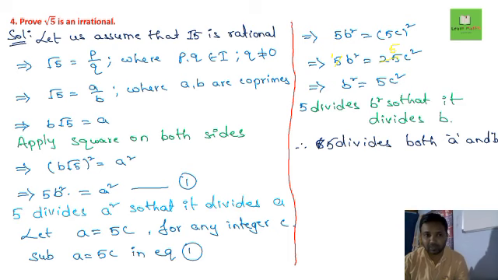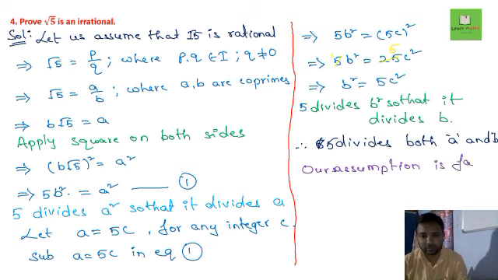Therefore, root 5 is an irrational number. Our assumption, we have taken that it is co-prime, but we got the wrong result. Our assumption is false. Therefore, root 5 is an irrational number.